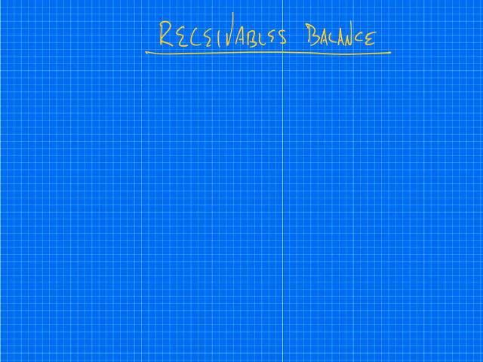Okay, well, let's take a look at how to get that receivable balance or average receivable balance. In the last lecture, we were able to calculate what we'll call the average collection period. That was the number of days that on average it's taking your customers to pay.